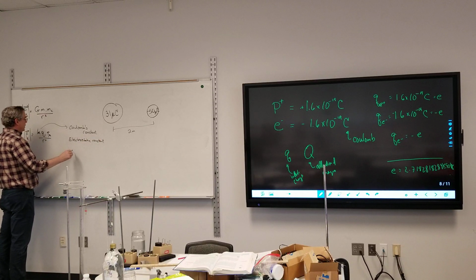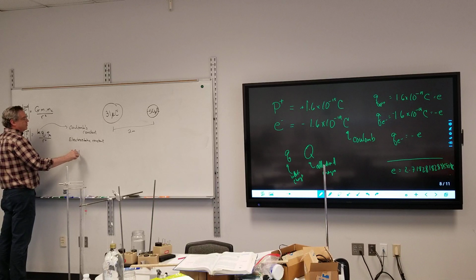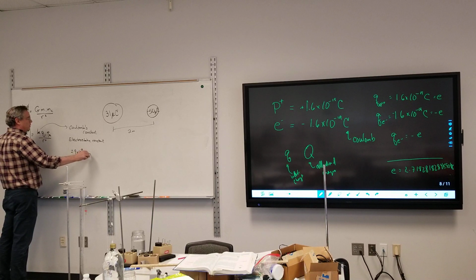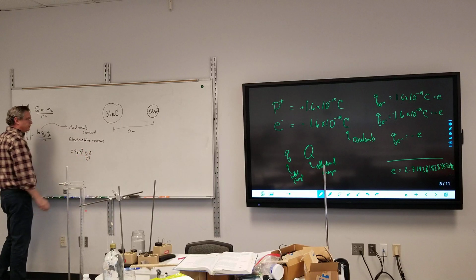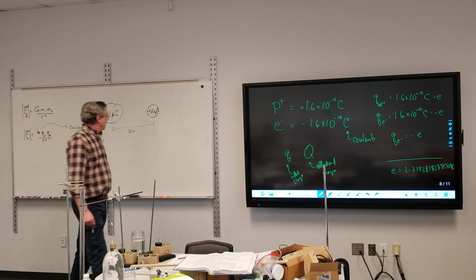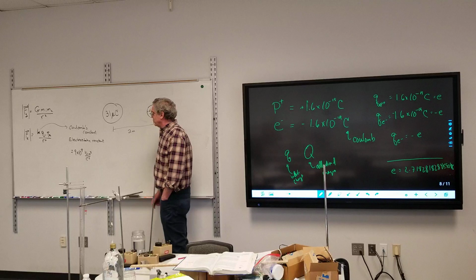It is approximately equal to 9 times 10 to the 9th newton meter squared per coulomb squared. 8.99 if you want to go another significant figure or two. But on the calculator, 9E9. So the force, we'll just do straight plug and chug.